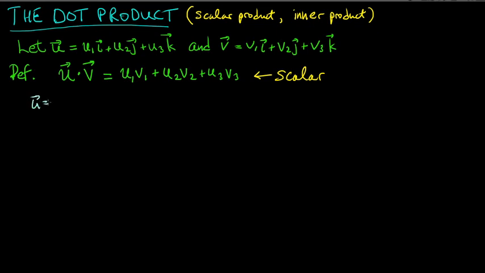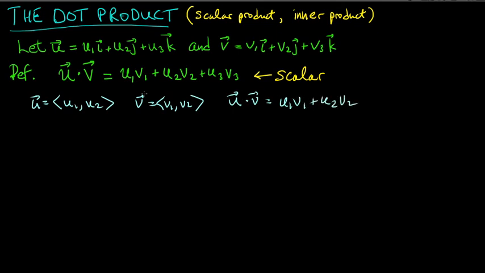If you have two vectors that are just in the plane, say u1, u2 for u, and v is just v1, v2, you can still define the dot product. You just leave off the last term here, right? So it's u1 v1 plus u2 v2, right? And of course you can define this for vectors with 4 components or five components, but we're not going to see those, so these two are usually good enough, right?